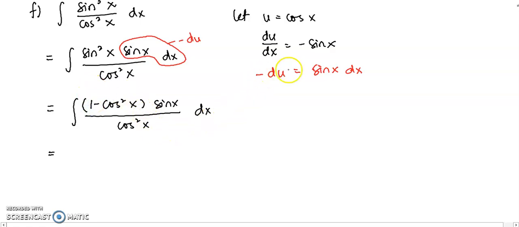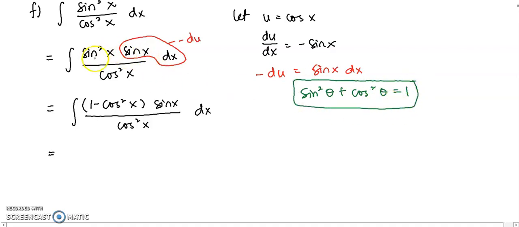This identity, I got it from here. Sine square theta plus cos square theta equals 1. I'm using this identity to change the sine square x into 1 minus cos square x.